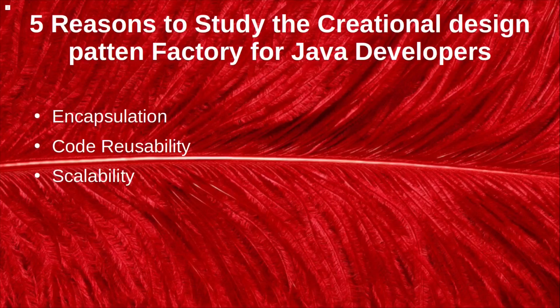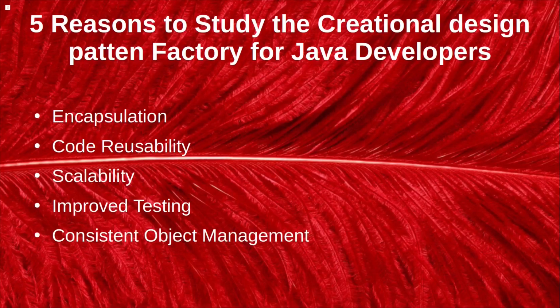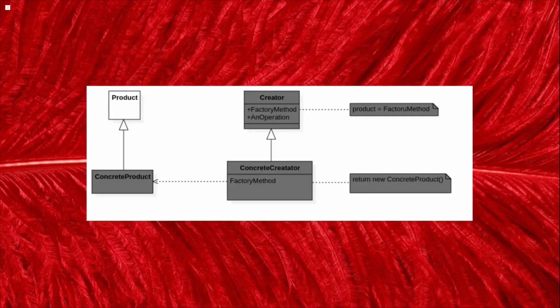Scalability: supports extensibility by enabling easy integration of new subclasses without altering client code, making Java applications more adaptable to future changes. Improved testing: enhances unit testing by decoupling object creation, allowing Java developers to mock dependencies and write isolated test cases efficiently. Consistent object management: standardized object creation, ensuring consistent behavior across a Java application, which is essential for complex architectures like microservices.